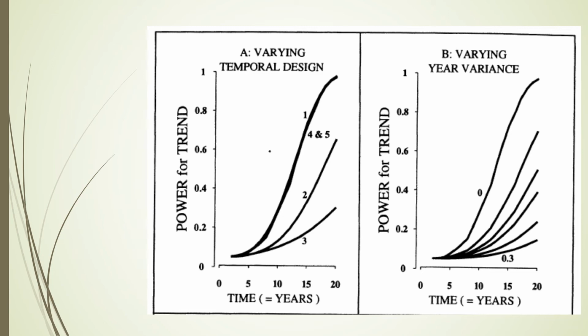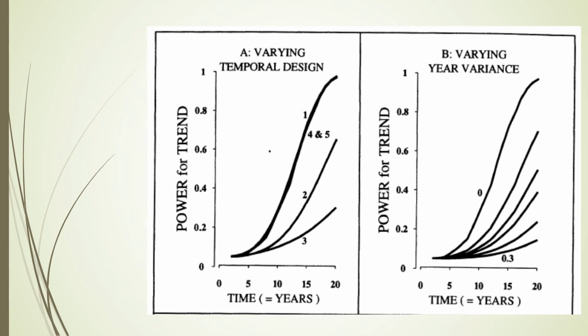And on the left-hand graph here, you see power on the y-axis, time and year on the x-axis, and the curves represent the different types of panel designs that we talked about. So you can see that top curve, which has the highest power, it goes up to almost 1 after about 20 years.